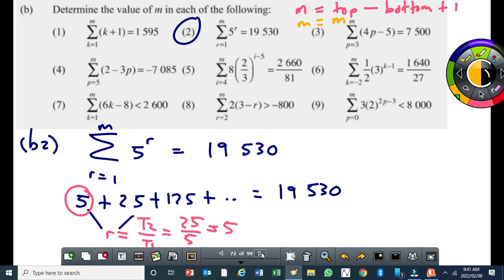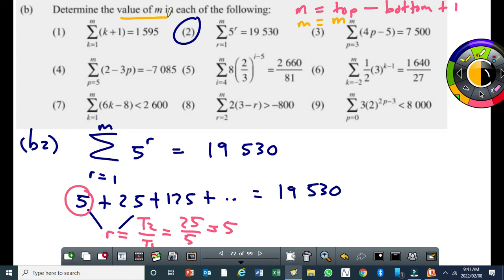B2 says sigma from R equal to 1 up to M of 5 to the power of R is equal to 19,530. The question says determine the value of M. Now, M is going to be the total number of terms in that series.